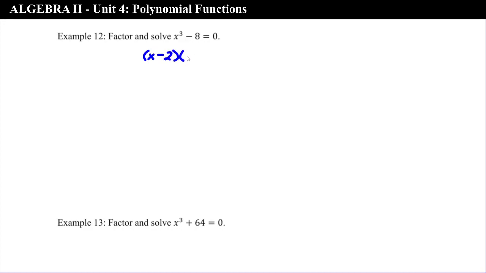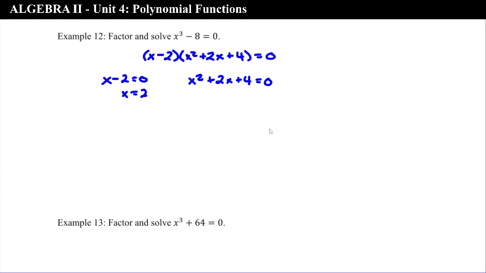And then we've got a squared, which is x squared, plus 2 times x, which is 2x, plus 2 squared, which is 4. Now at this point, we cannot factor either of these, so we're going to break them up. So we got x minus 2 equals 0. Let's go ahead and solve that one. x equals 2. That was easy enough. Let's go and set the other one equal to 0.